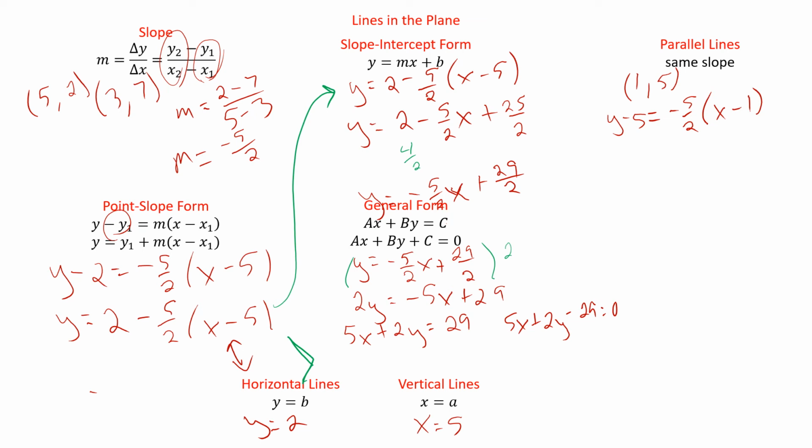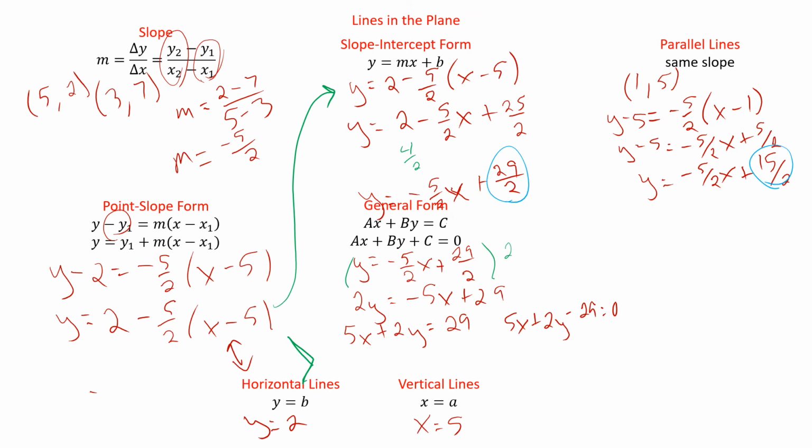We could make it slope-intercept, so we would distribute. We have y minus 5 equals negative 5 halves x plus 5 halves. And then add the 5 over. 5 could also be called 10 halves. So we get y equals negative 5 halves x plus 15 halves. So the only part in a parallel line that would be different in slope-intercept form is the y-intercept. The other pieces would be the same.